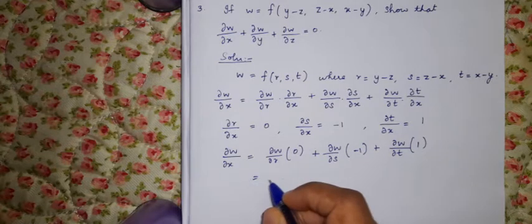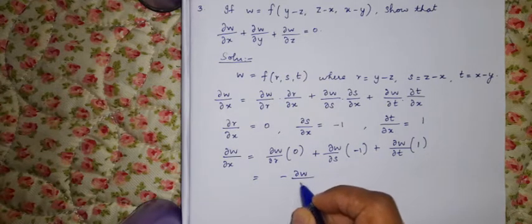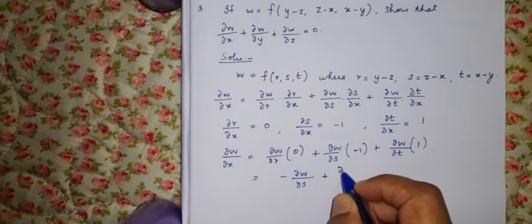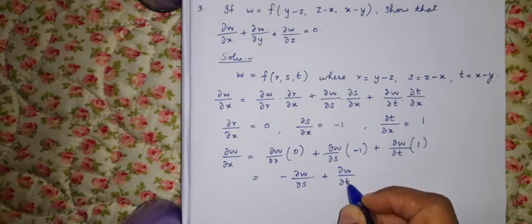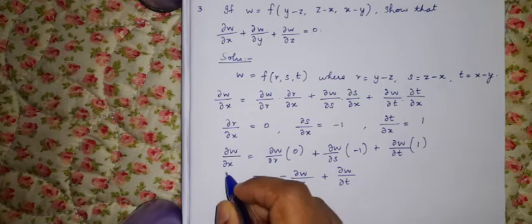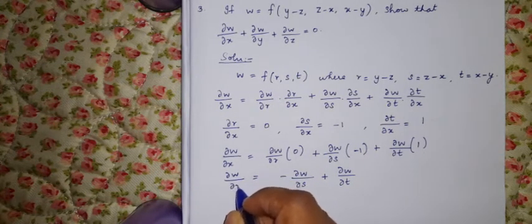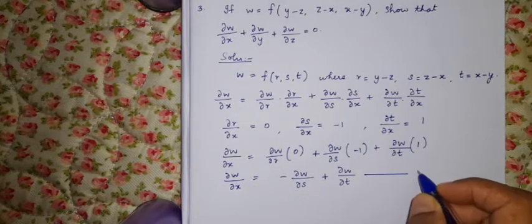So this is minus ∂w/∂s plus ∂w/∂t. Take it as equation number 1.